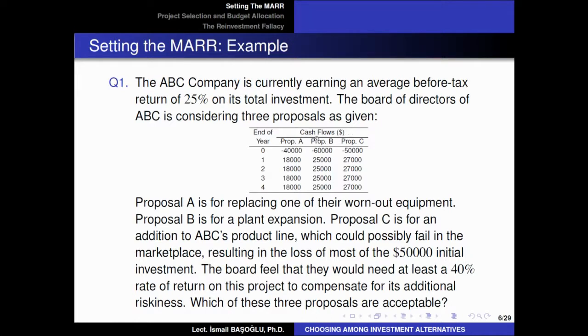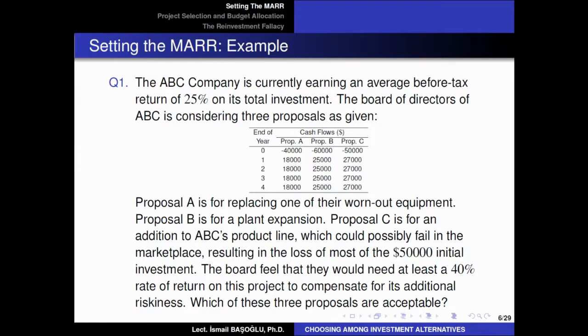So we have proposal A, proposal B, and proposal C. In proposal A, we have the initial investment amount of $40,000, and for the following 4 years, we are going to get $18,000 at the end of each year. In proposal B, the initial investment is a little larger compared to proposal A's initial investment.